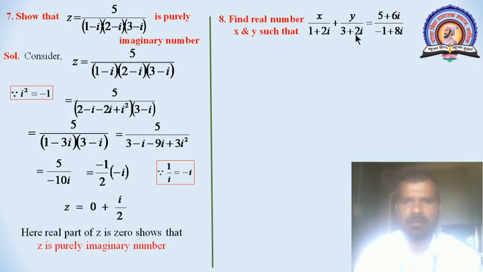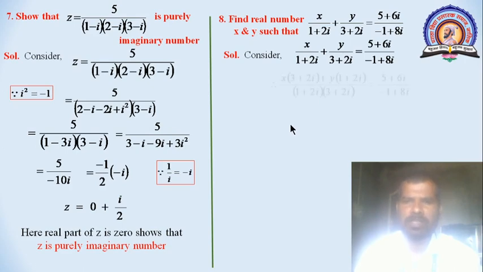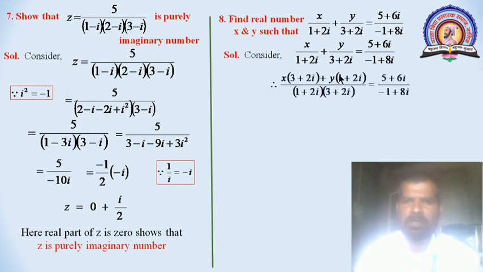Now the next example is find real numbers x and y such that x upon 1 plus 2i plus y upon 3 plus 2i is equal to (5 plus 6i) upon (minus 1 plus 8i). We have to find the values of x and y. The given equation is as it is. Now we cross multiply these two terms. We have (x(3 plus 2i) plus y(1 plus 2i)) upon (1 plus 2i)(3 plus 2i).